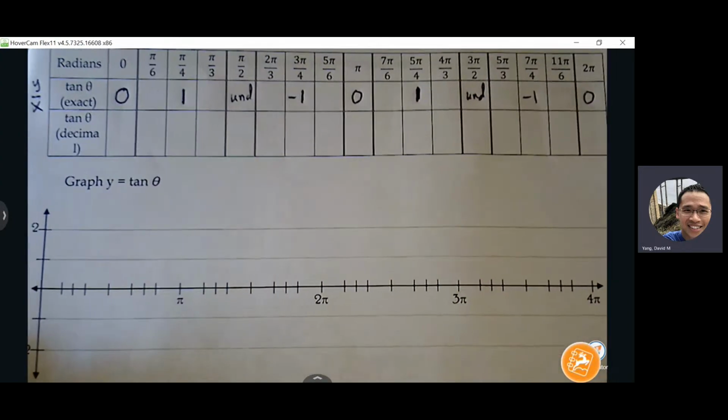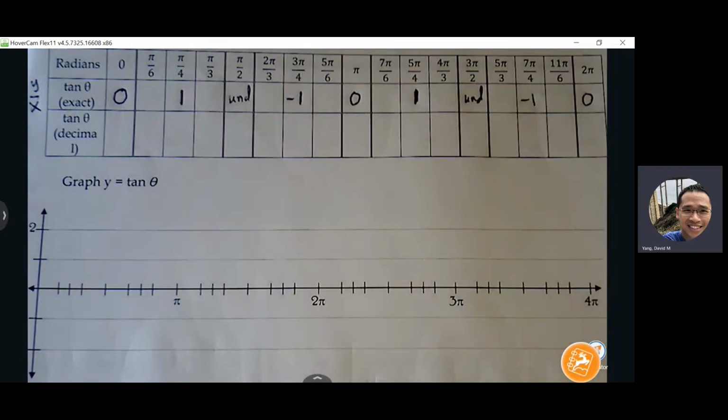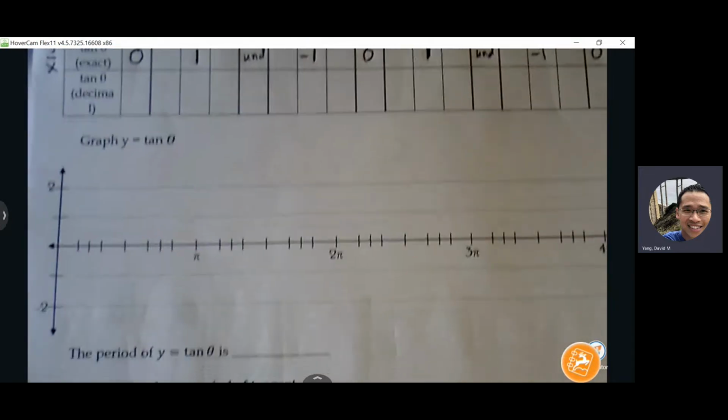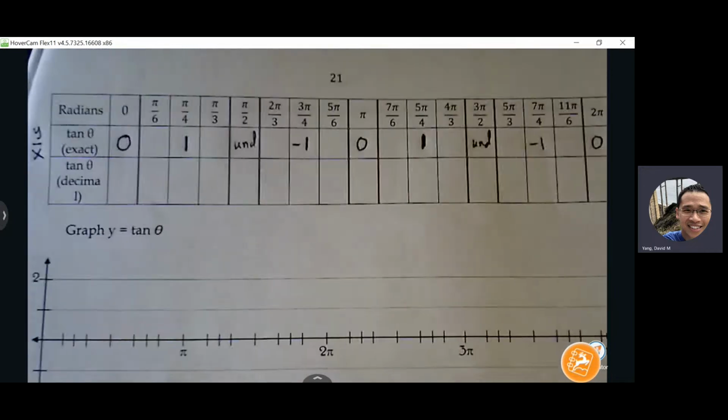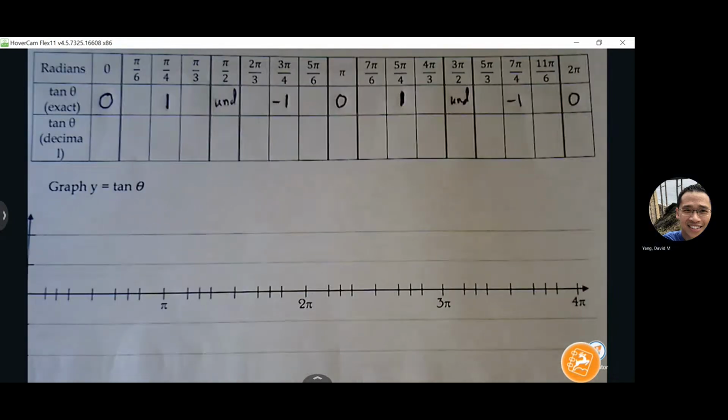Okay, but the difference here is that there are still asymptotes. The period is still pi, but instead of 0 and pi and 2 pi, now it's pi over 2, 3 pi over 2. So your asymptote is going to be a little bit off-centered from your cotangent. Sorry if you guys are copying that down.